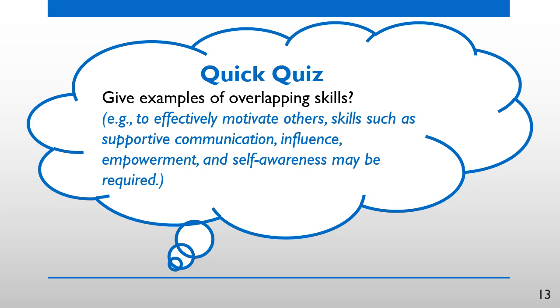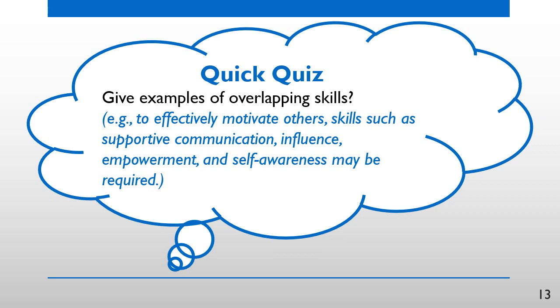And the next skill that you may require to effectively motivate others is self-awareness. What do we mean by self-awareness? That is, being aware about oneself. You should be aware about yourself.